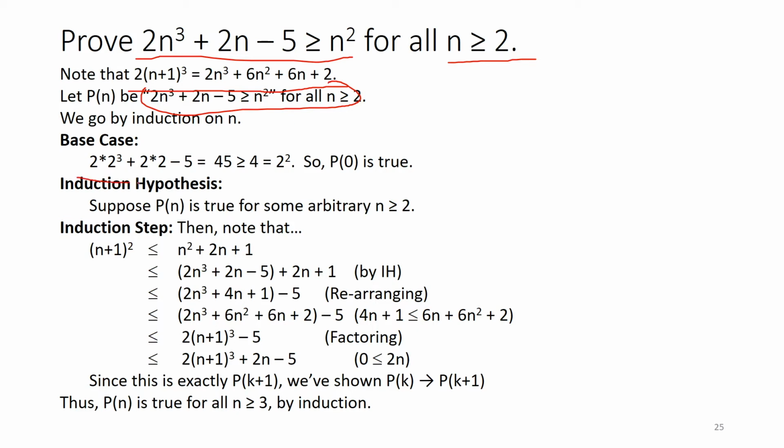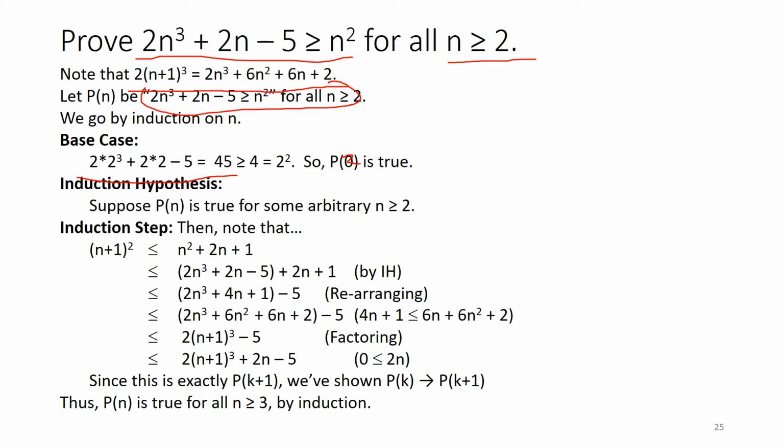and actually this is not 0, this is 2. So the base case is true, and we suppose P of n is true for some arbitrary number n greater than or equal to 2.